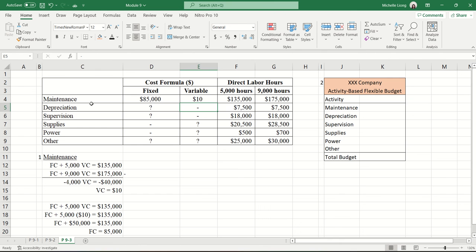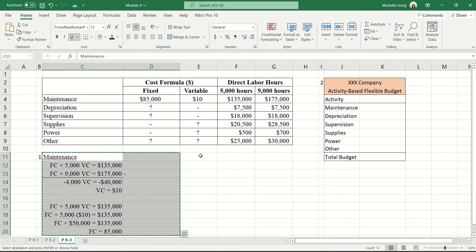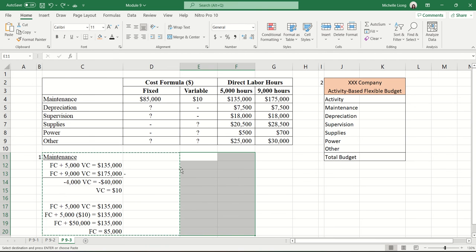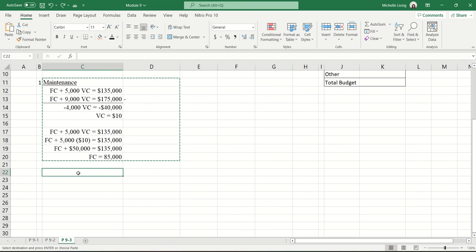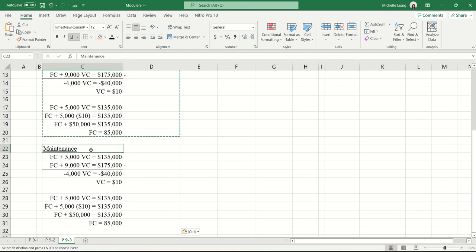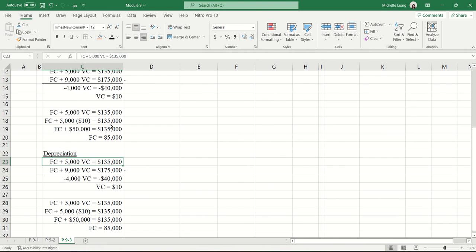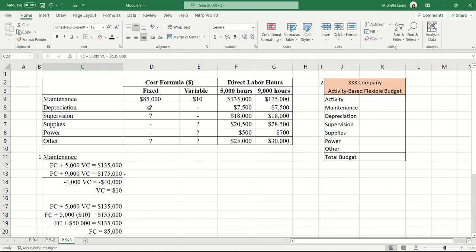Next one is the depreciation. For depreciation, still the same. So we're going to copy paste this one, put it here. The fixed costs for depreciation, let's see. They have fixed costs, but they don't have variable costs.